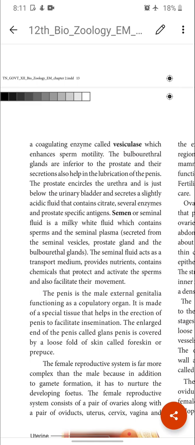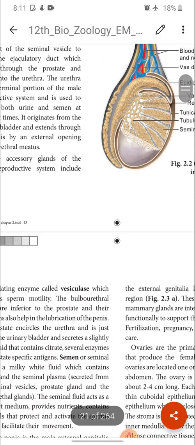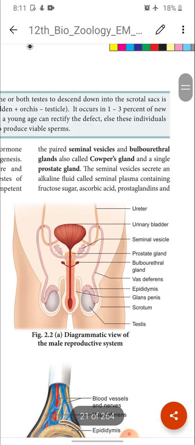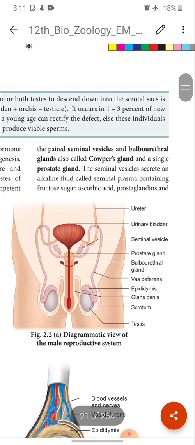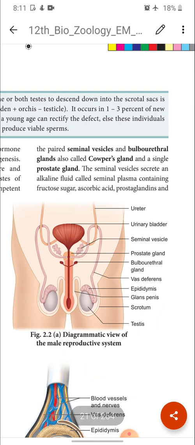A gland, we know very well, secretes something. So the seminal vesicle is also a gland only. What does it secrete? That is the thing. It is given here: alkaline fluid. The seminal vesicle secretes alkaline fluid. That is, it will not be acidic in nature, it is alkaline in nature.